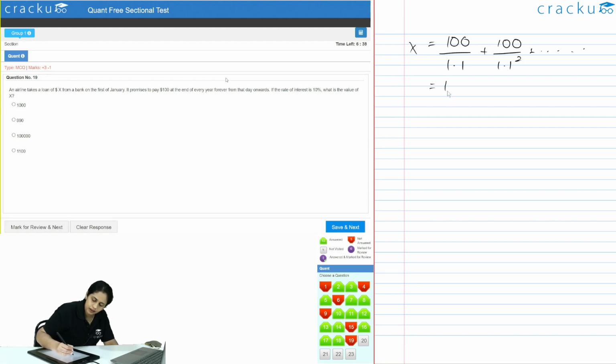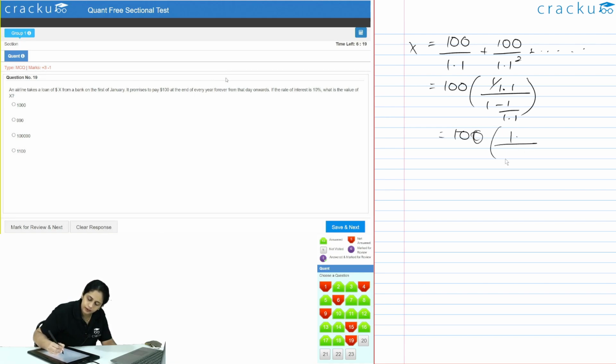So this is 100 divided by 1.1, so A is 1 by 1.1 and 1 minus 1 upon 1.1. So this is equal to 100 into 1.1, so this is 1 divided by 1.1 minus 1, so this is 0.1. So that is $10,000.